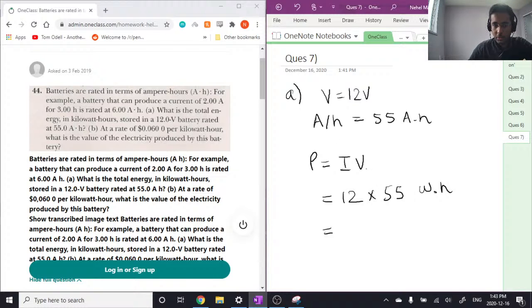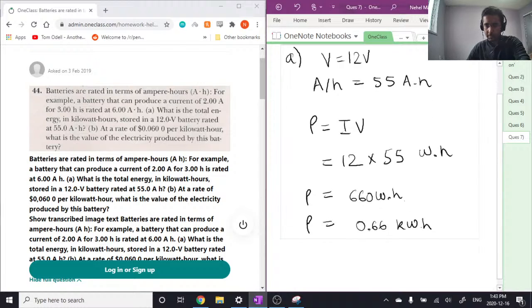And then if we need to convert it to kilowatt hours, we will divide it by 1000. So 660 watt hours divided by 1000 gives us 0.66 kilowatt hours. So that's the answer for the first part.